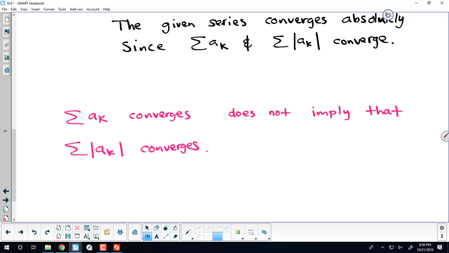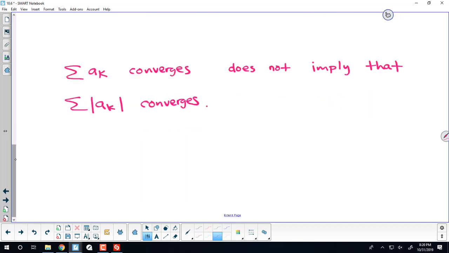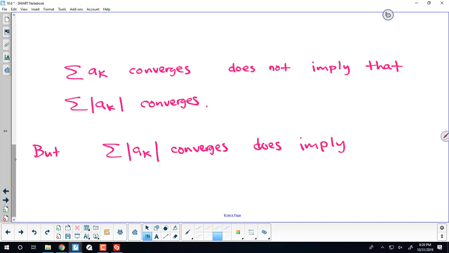However, if we look at the converse of that, if we know that the absolute value converges, then we know the series converges. So this converging does imply that this series converges.